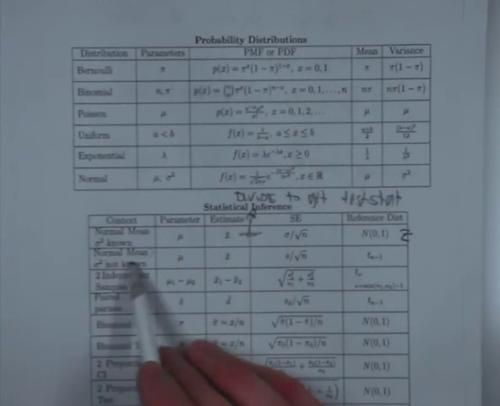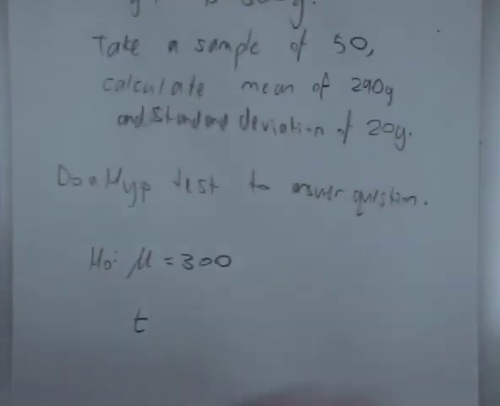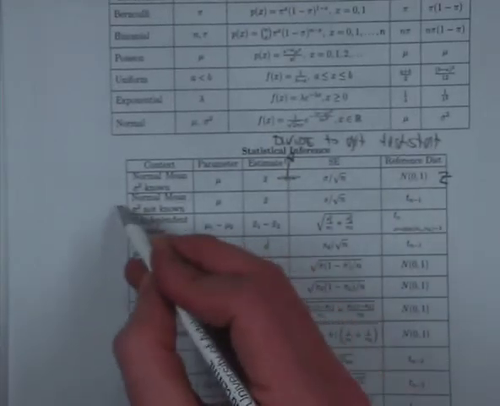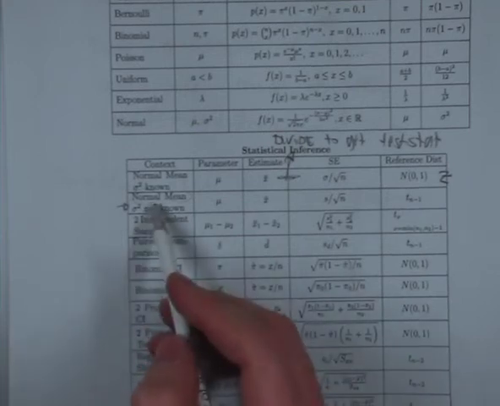So a normal distribution, and I don't know what the true standard deviation is, because nowhere does it mention what the standard deviation of weight is before I even start. I have to use the sample standard deviation. So if I have to use the sample standard deviation, that means I'm in this situation here. Okay? So if he doesn't tell you the population standard deviation is this number, then it's this situation here.